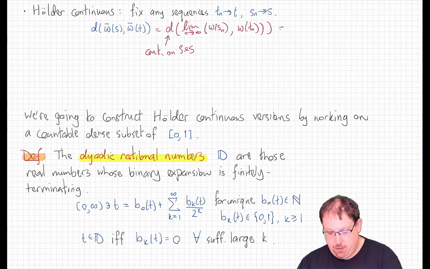And so therefore that's the same as the limit as n goes to infinity of the distance between omega of Sn and omega of Tn.